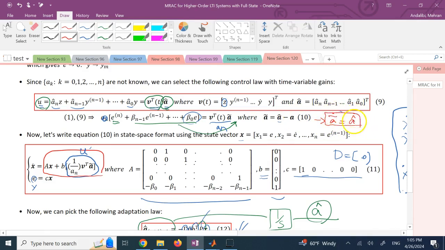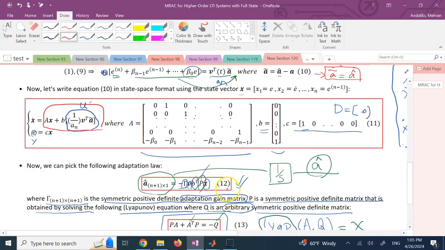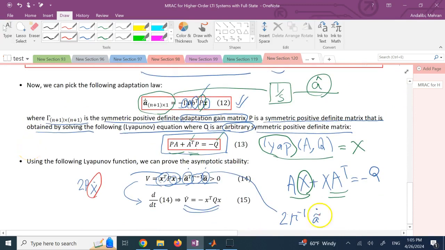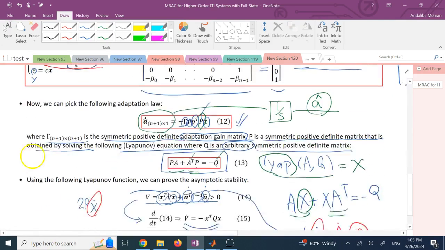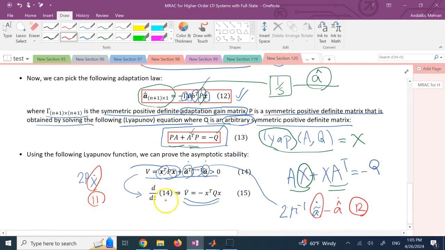And A hat dot is this relation 12. So this is the same as A hat dot, which is equation 12, and this X dot is basically equation 11. If you plug in and simplify, you should show that V dot is going to be what?